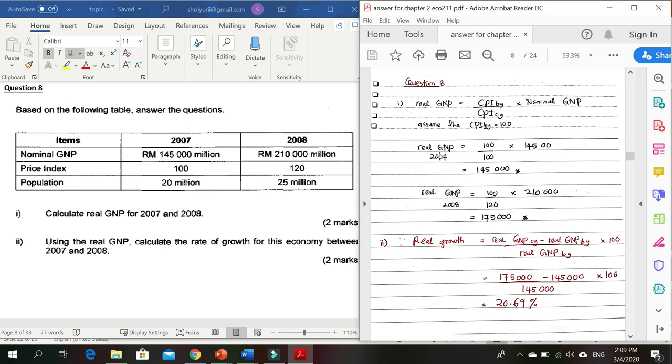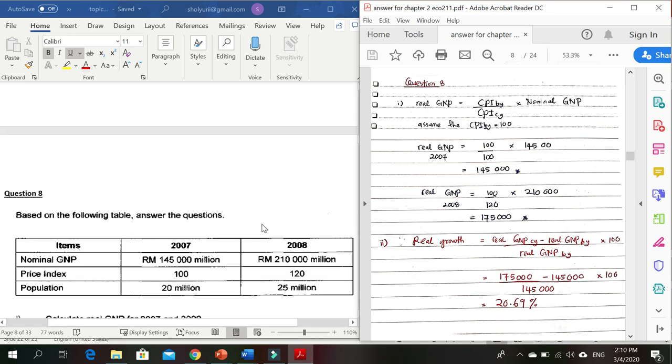Real GNP for 2007 first: 100 divided by 100, because the base year and current year are the same, times 145,000. So we get 145,000. While real GNP for 2008 is 100 over 120 times 210,000, so 175,000. Very simple, right?